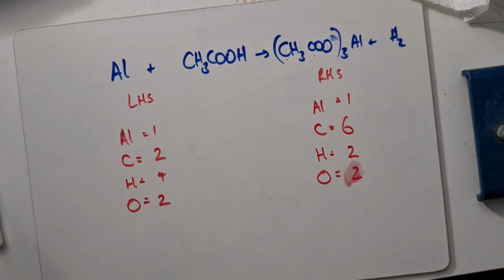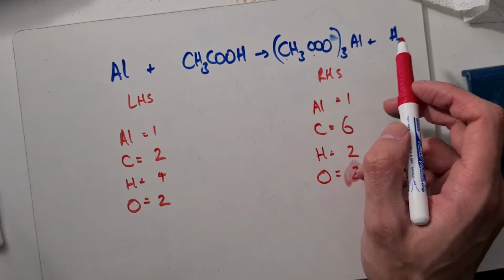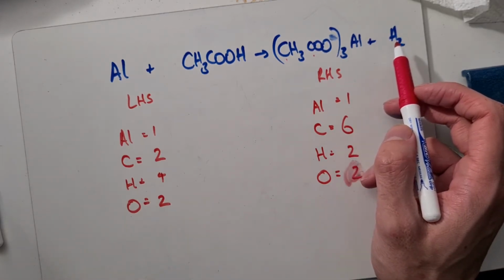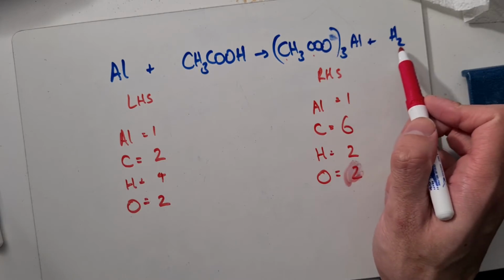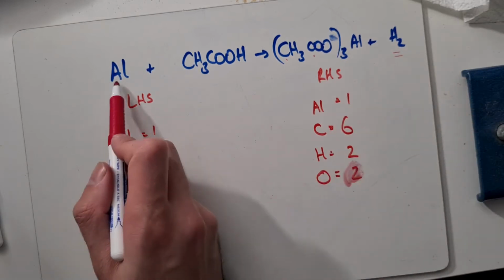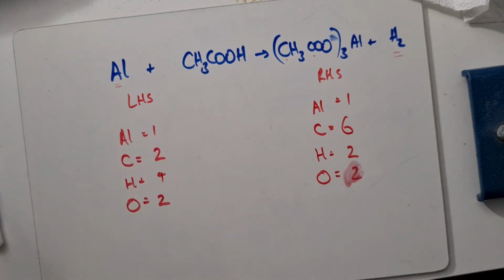So we can start to look at what we need to balance, and it's the hydrogens and the carbons. Now I would leave the hydrogens till last to balance, because it's all by itself.